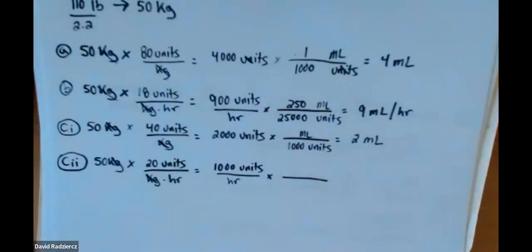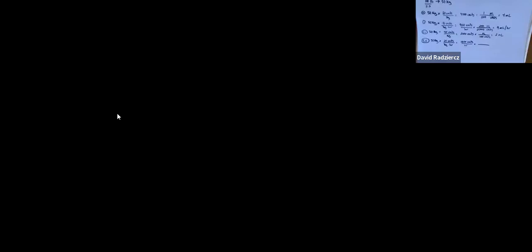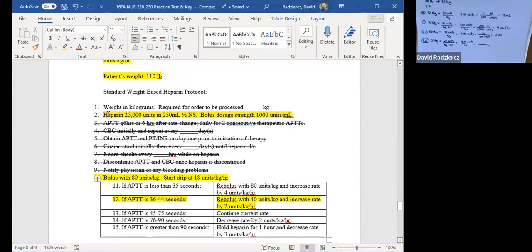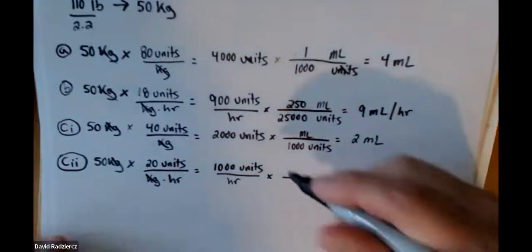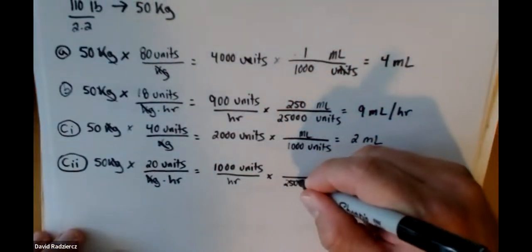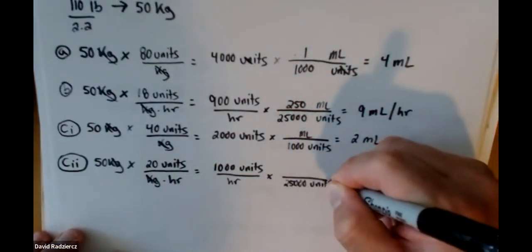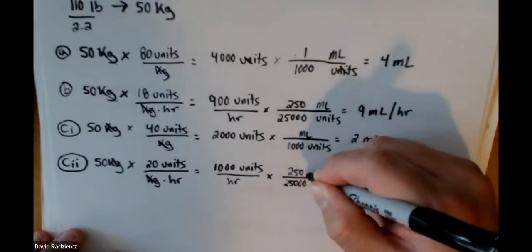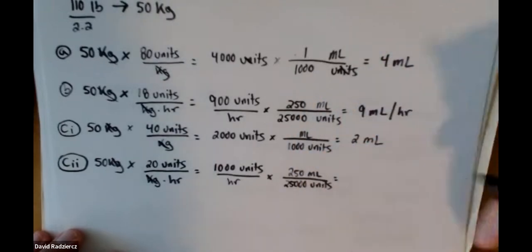Then again, I need to convert units per hour to milliliters per hour. So I'm going to use the exact same available IV bag, the heparin 25,000 units in 250 milliliters, half normal saline.